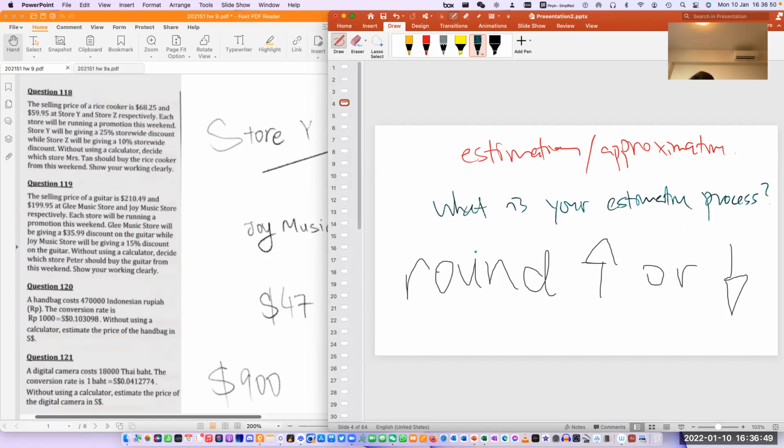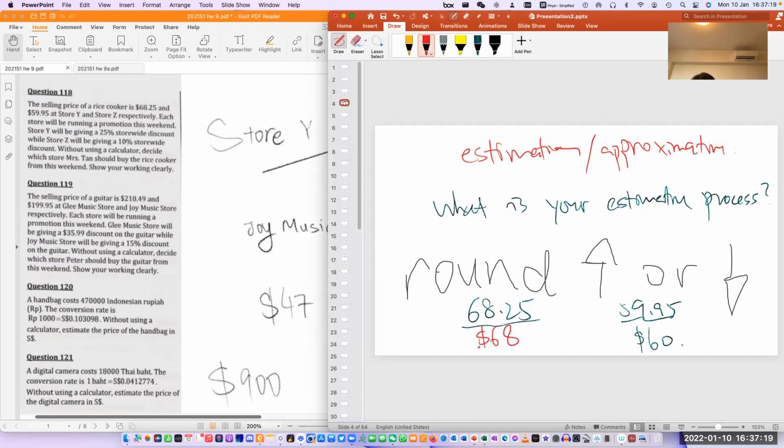Are you going to round 68.25 to a whole number, and then round this to a whole number as well? If you round this to a whole number, which is $70, and this to 60, or rather you can also round this to 68.